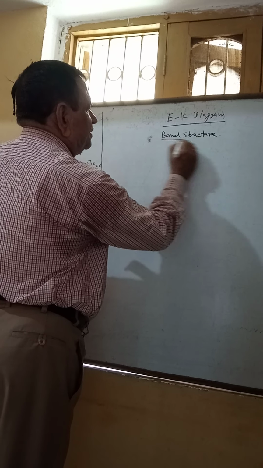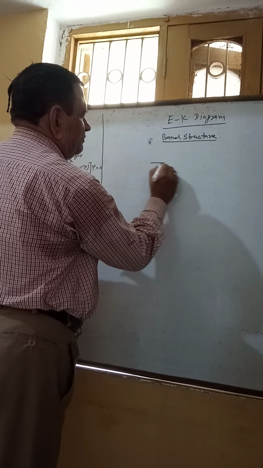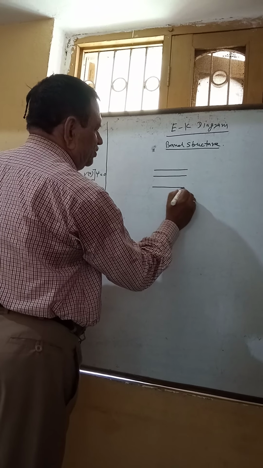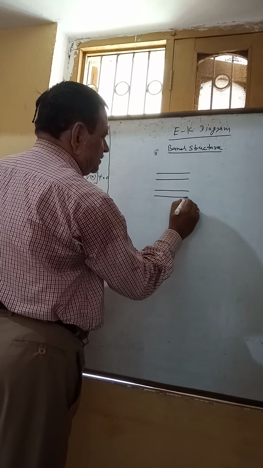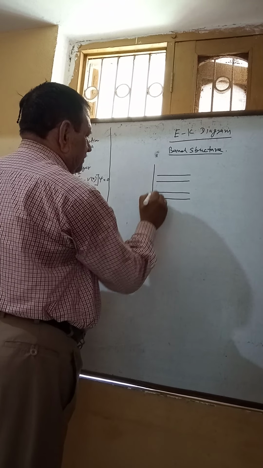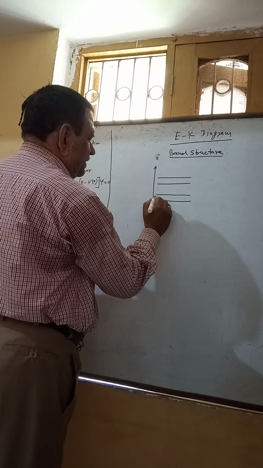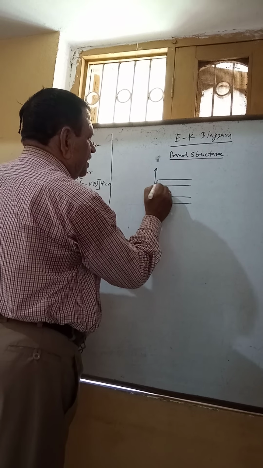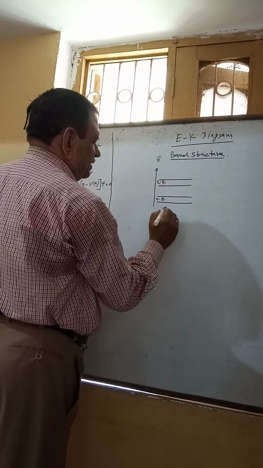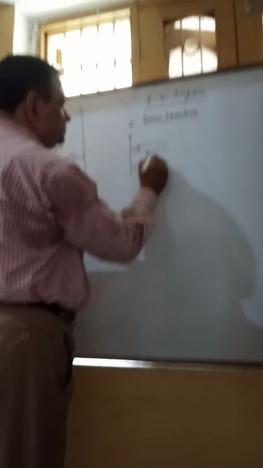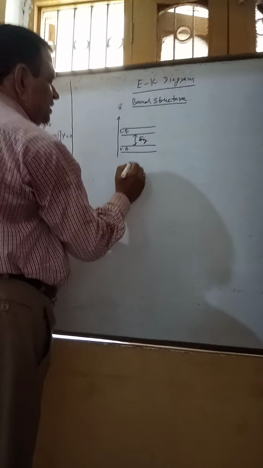From the band structure, we know that this is your energy, this is your valence band, and this is your conduction band. There is an energy gap between the valence band and the conduction band.